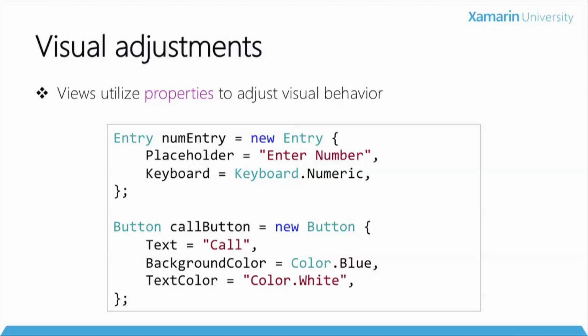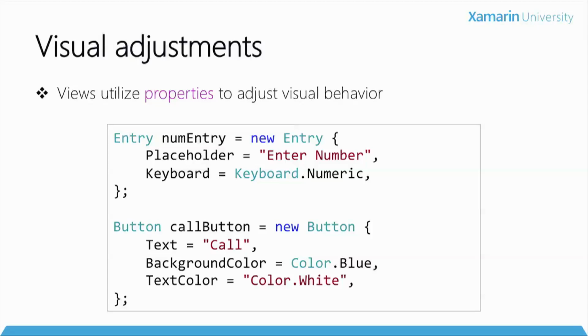You can also specify for an entry field, for instance, what kind of keyboard you would like the operating system to provide. So maybe you expect the user here to enter a phone number, then you want a numeric keyboard. You gotta be careful here. Most of these properties, they will do exactly what you expect.